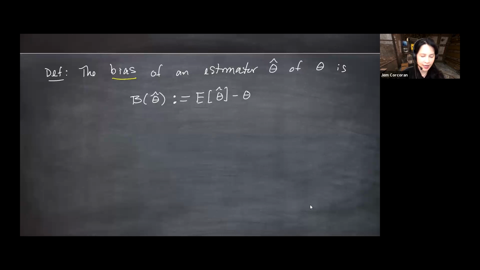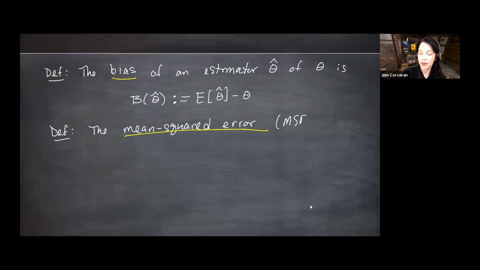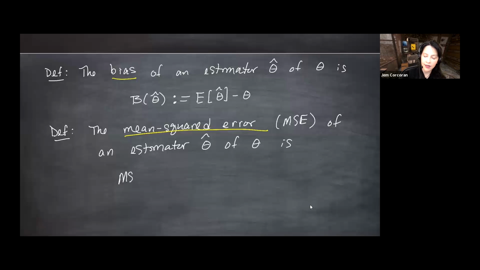So I'm going to define the mean squared error, which is affectionately referred to as the MSE, of an estimator theta hat of theta. We're going to write MSE.